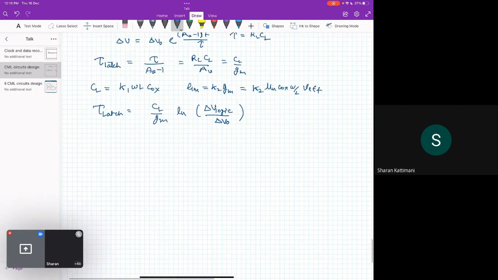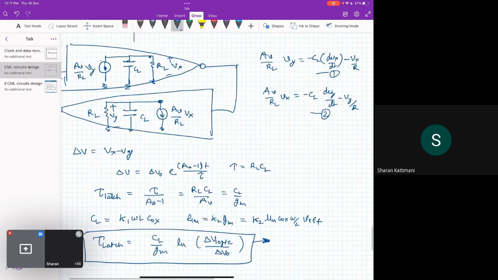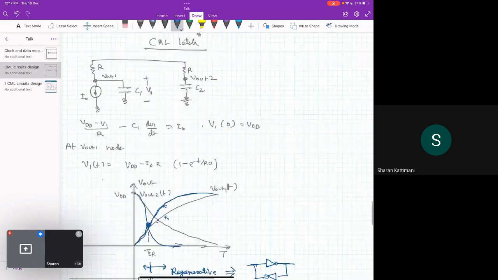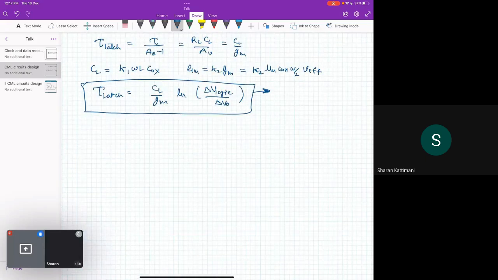Okay, so if we want to improve the latch performance, we need to work on either GM, we need to increase the GM, or reduce the load, okay, or we need to increase the input level. Okay, so this is the conclusion of this latch. So this is how we can actually improve the latch. So during design you need to take care of these parameters to get a better latch.